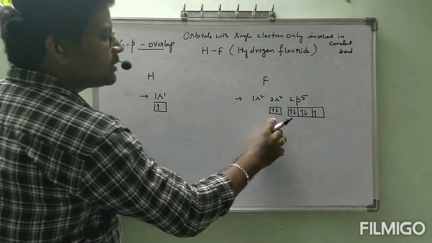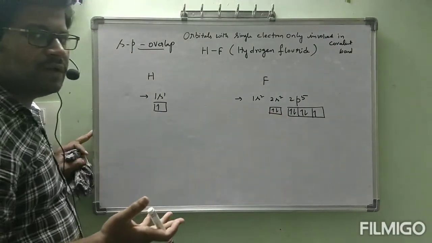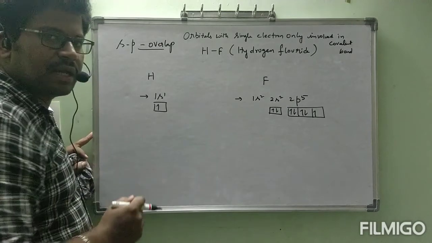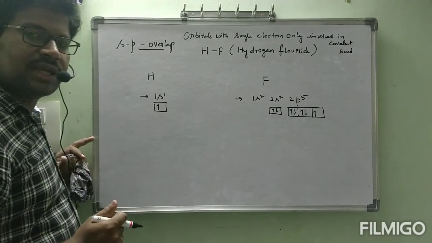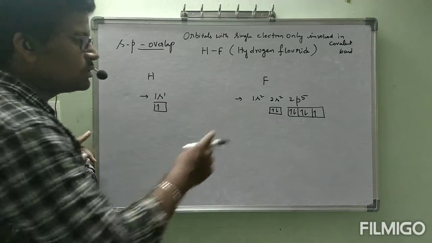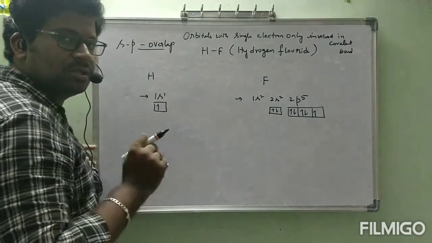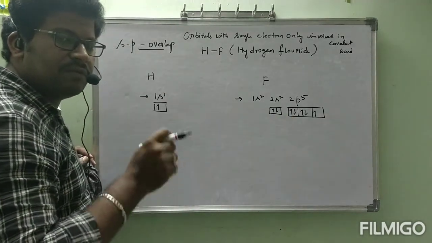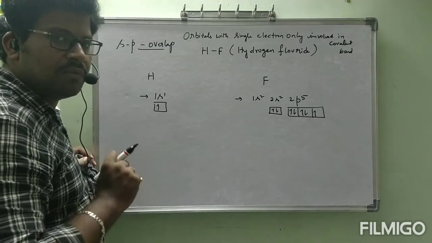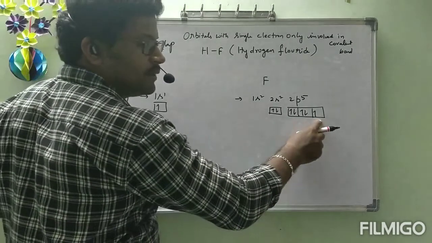Because an orbital with 2 electrons has no chance to be involved in bond. Already it is full, correct or not? The maximum number of electrons that can be accommodated in an orbital is 2. So the orbital which will undergo the overlapping is the p orbital here.